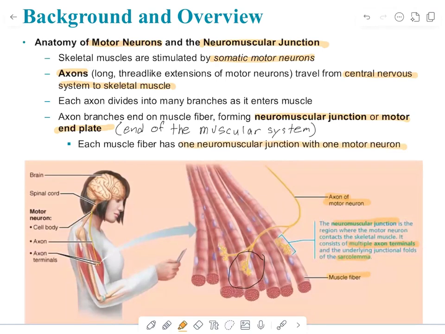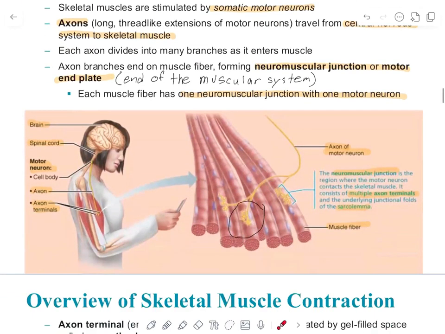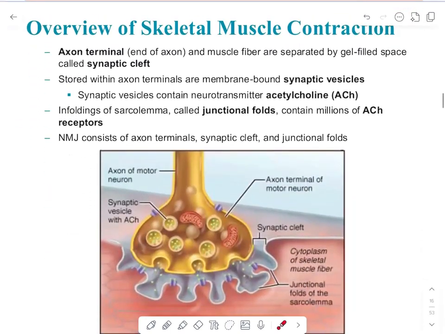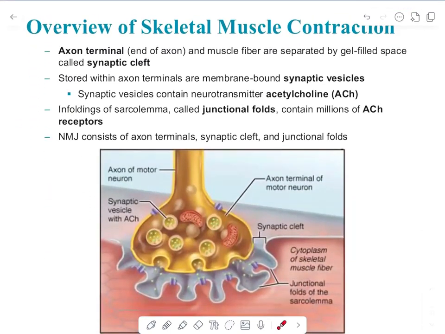Here we see the central nervous system, the brain and spinal cord, and the part of the motor neuron called the axon, which is going to extend all the way to the axon terminal. In our next slide, we're going to enlarge just this part here so that we can see just the axon terminal.